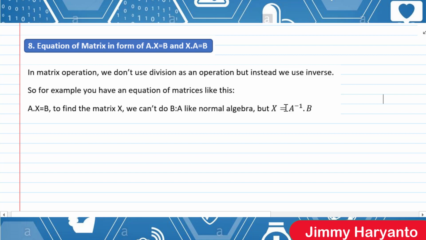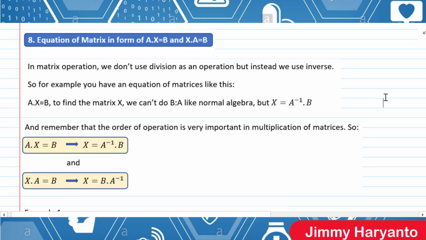So X equals to not B divided by A, but A inverse times with B. But again, remember that the order of the operation in matrix multiplication is so important. So you don't want to write the wrong order of the multiplication, yeah.